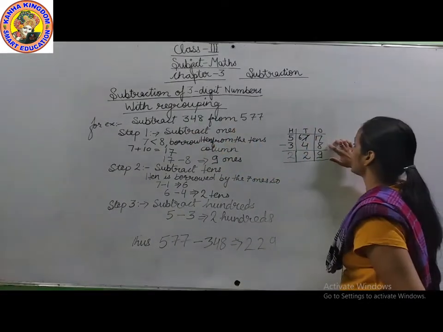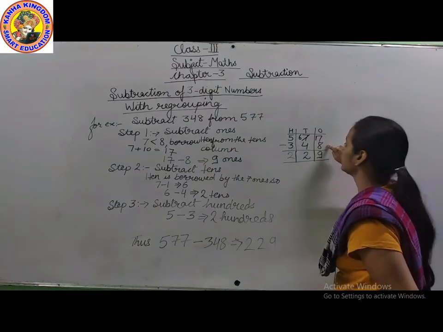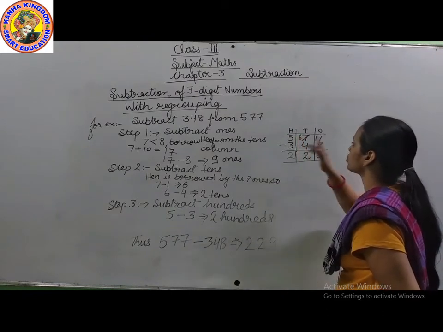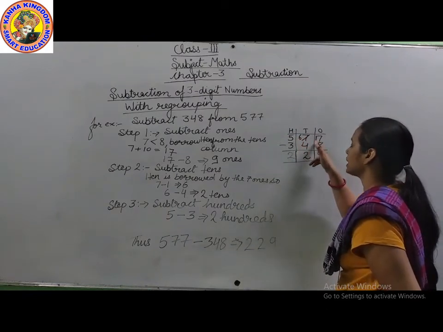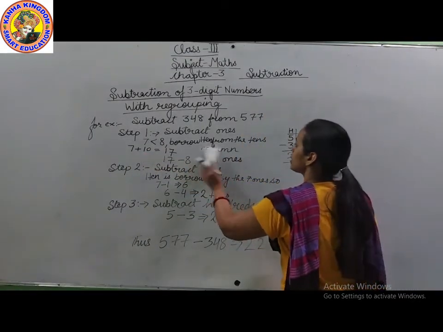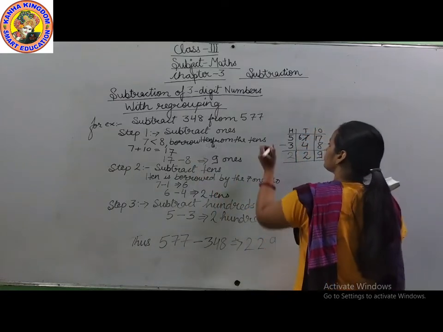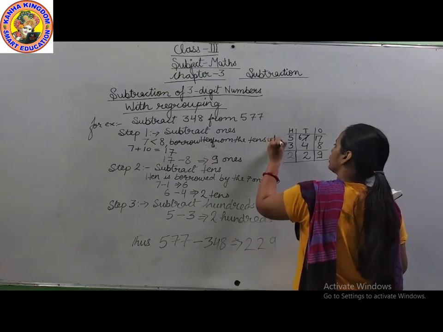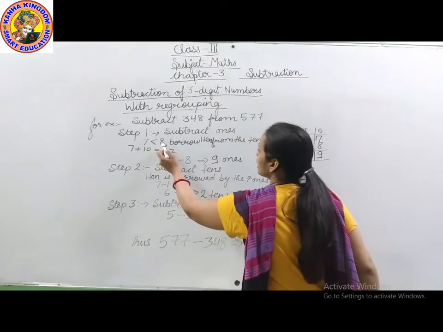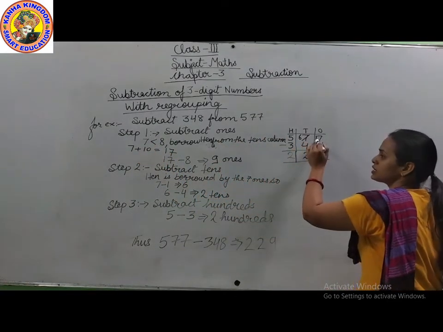Here 7 is less than 8. So borrow 1 ten from the tens column.